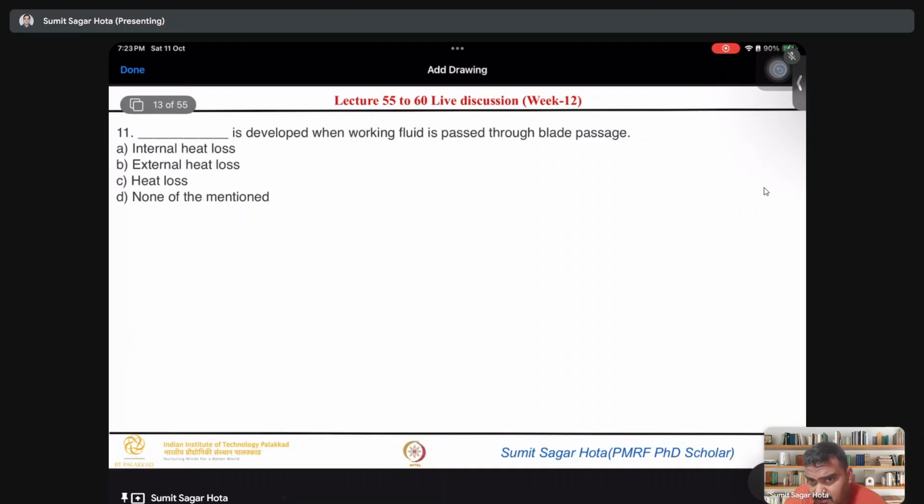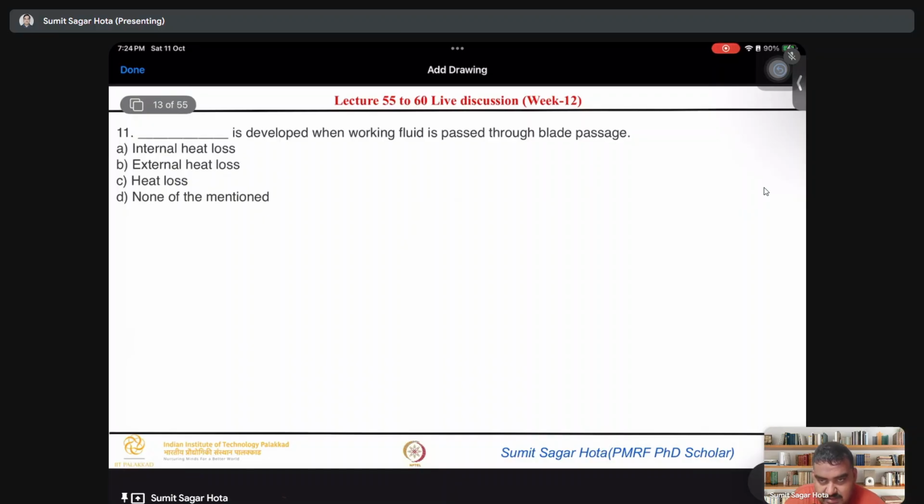Dash is developed when the working fluid is passed through the blade passage. When the working fluid passes through a blade passage, there will be friction.